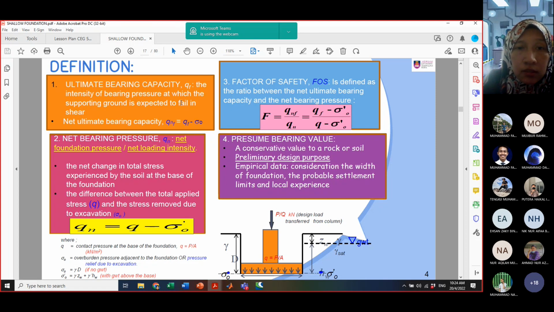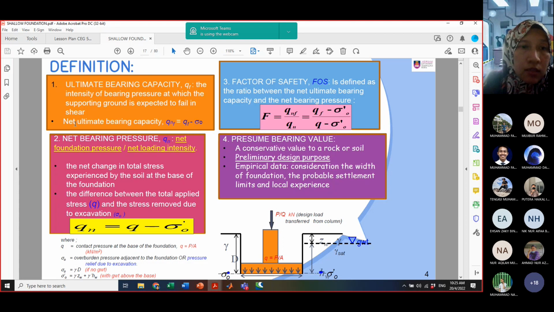Just now we saw there are 3 types of shear failure: the footing fails in general, local or punching shear failure. But how do we know the mode of failure without knowing the bearing capacity? So you have to calculate the bearing capacity and then check the factor of safety, then you can conclude the failure of the footing.